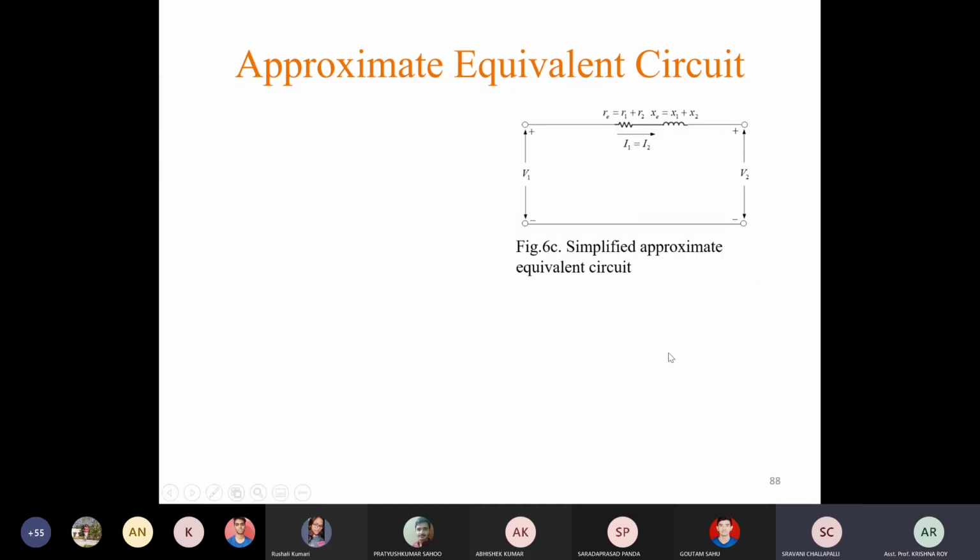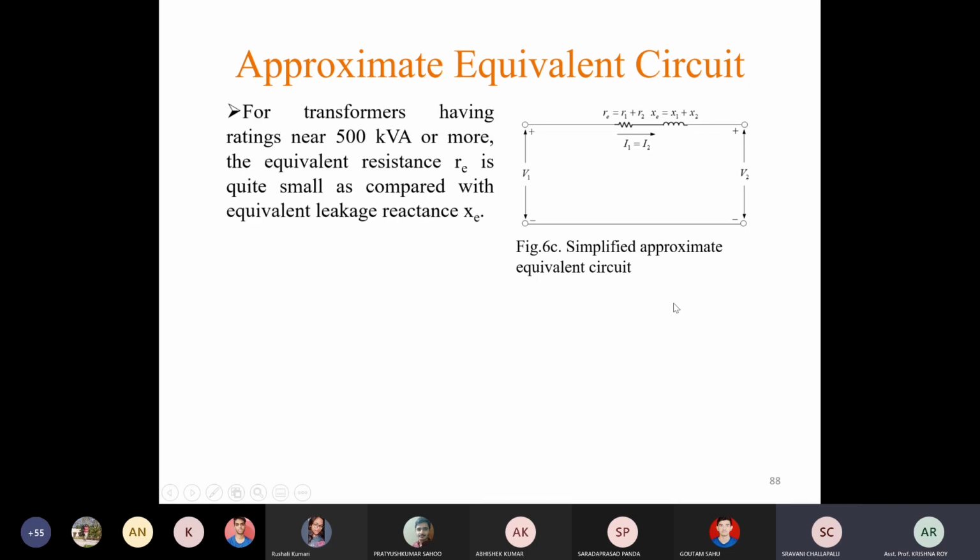Now for transformers having power rating more than 500 kVA, the circuit can be still further approximated by neglecting the winding resistance Re, because in that case this equivalent resistance Re is quite small in comparison with the equivalent leakage reactance Xe.